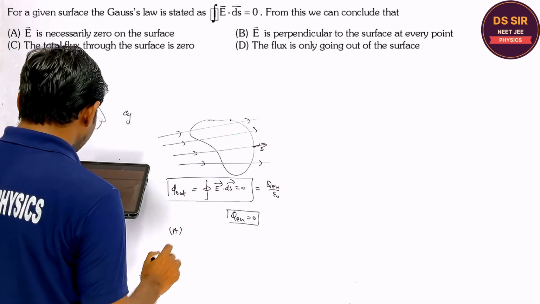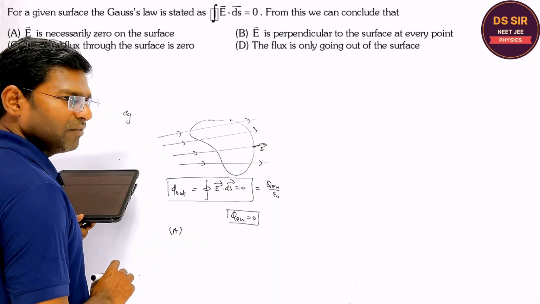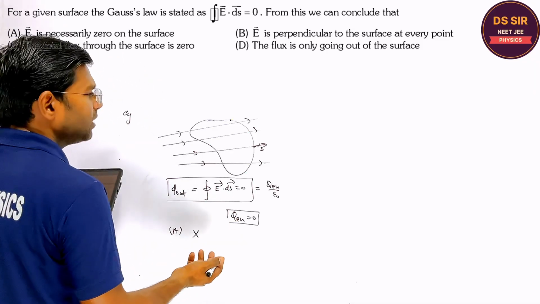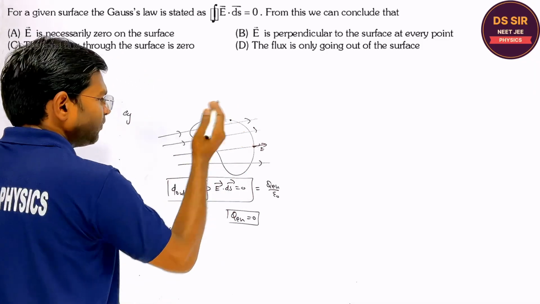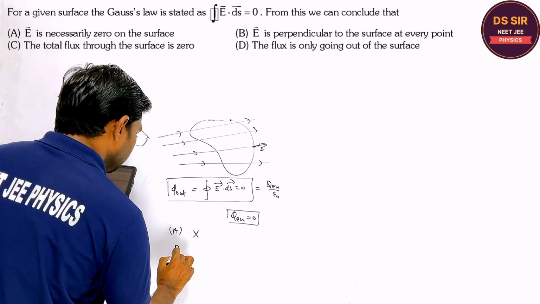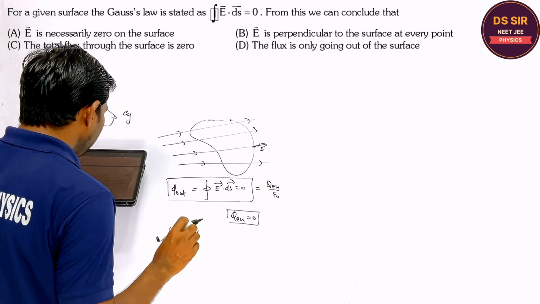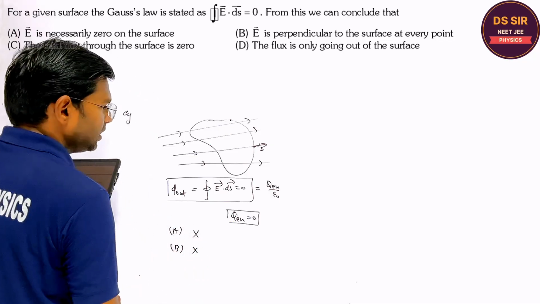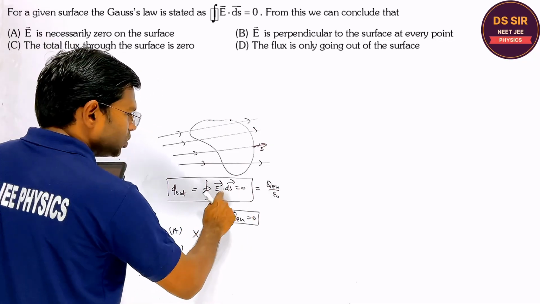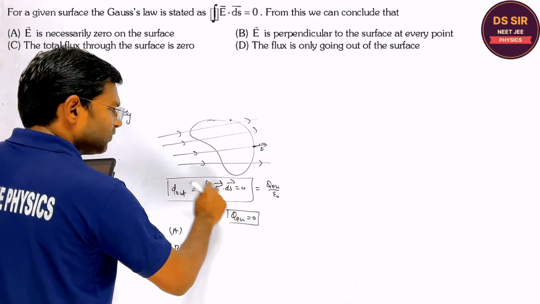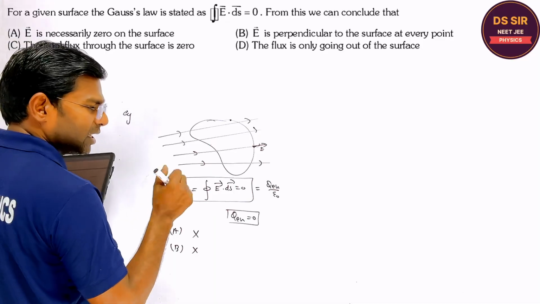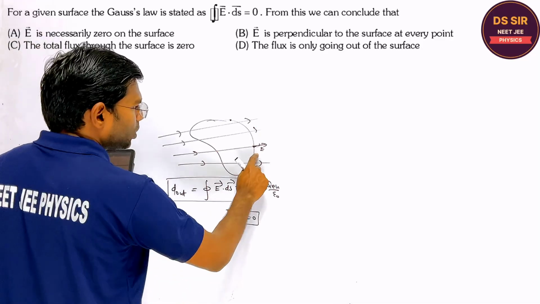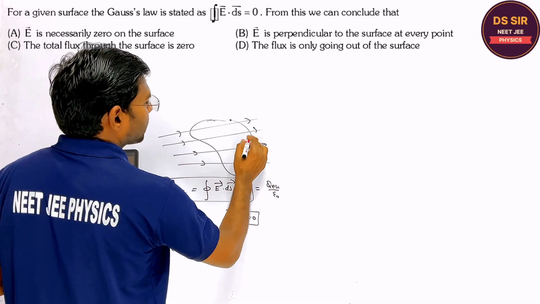So what is the first option? Option A: E is necessarily 0 on the surface. No, it is not necessary. E may be there, but net flux is 0. Option B: E is perpendicular to the surface at every point. No, it is also not necessary. Although E dot ds will be 0 if the electric field and ds vector are at 90 degrees, it is not necessary that the electric field is always perpendicular.